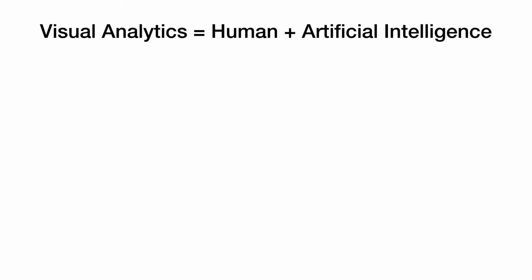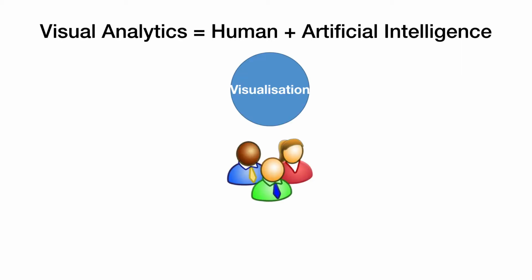So this leads to visual analytics, which essentially tries to integrate human and artificial intelligence. Human is always in the center. This integration, when done through visualization, becomes the interface between human and data.